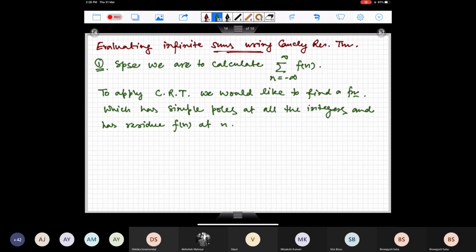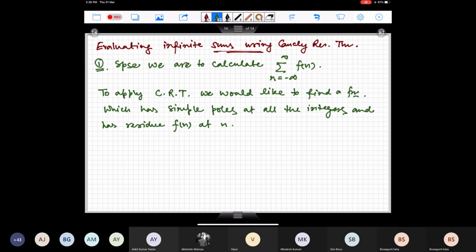Of course, you will only get a finite sum, because we are going to take some closed contour, so it will enclose at most finitely many integer points. But then you can take bigger and bigger contours in the same spirit, and that will give you the infinite sum.